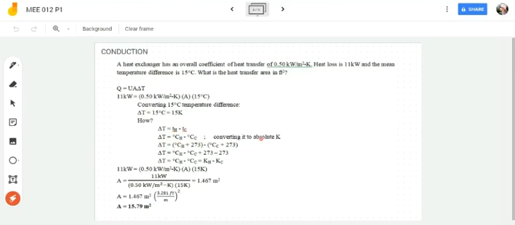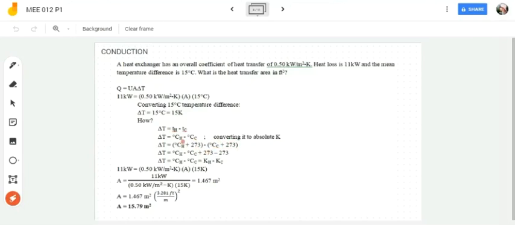And then if you convert it into absolute Kelvin, because when you are solving problems under thermodynamics, we are reminded that we always need to use the absolute value for temperature and pressure, you will add 273 to the Celsius hot, and you will also add 273 to the cold temperature.